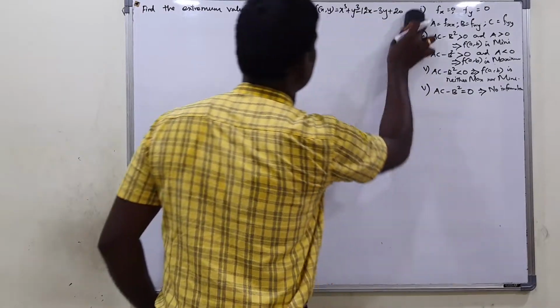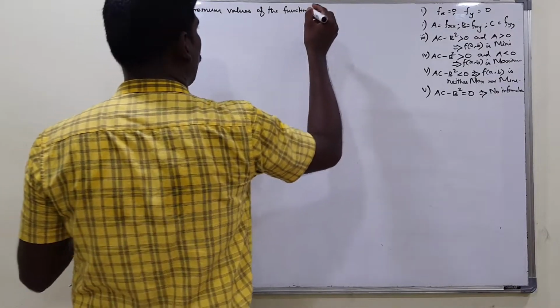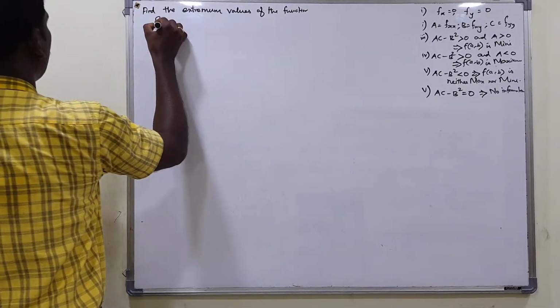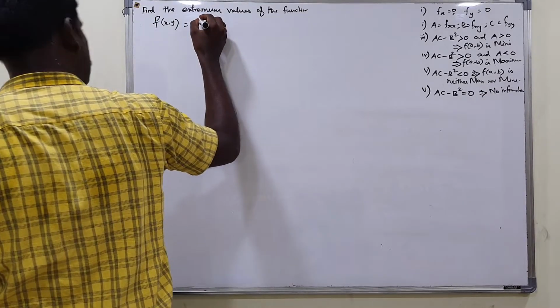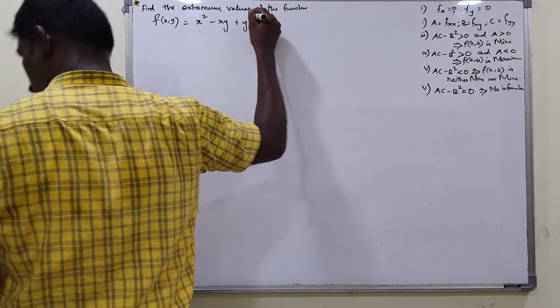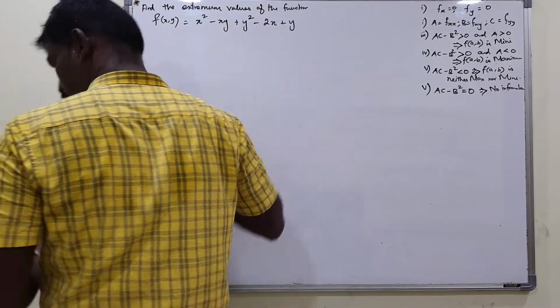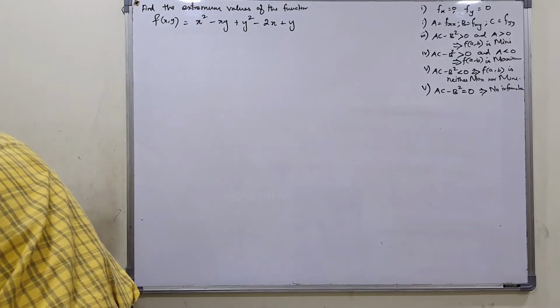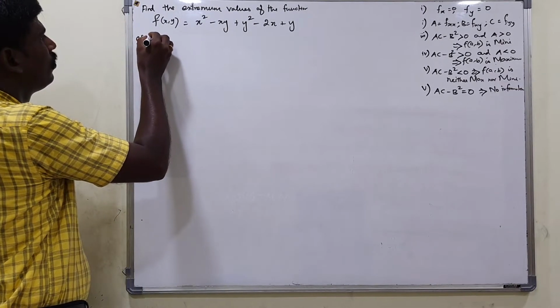The next problem. Find the extreme values of f of (x, y) equal to x square minus xy plus y square minus 2x plus y. Solution.